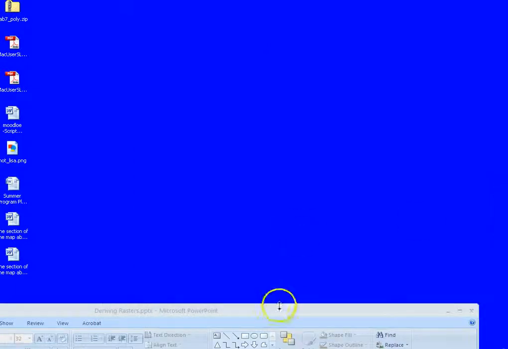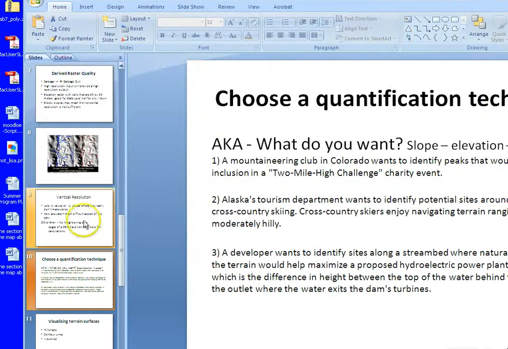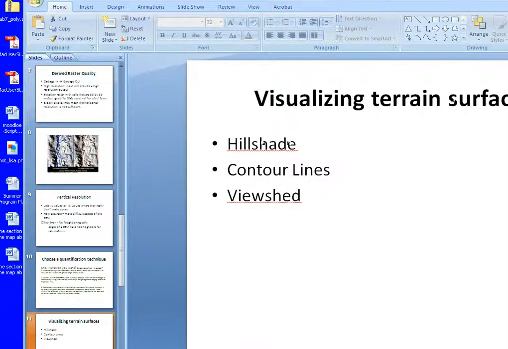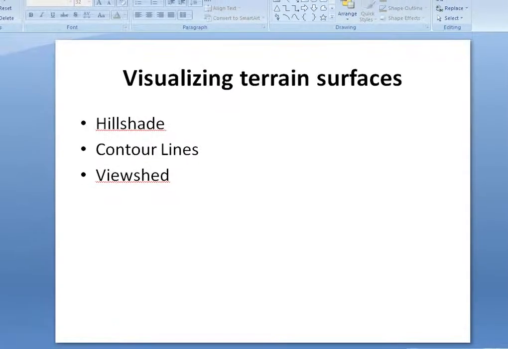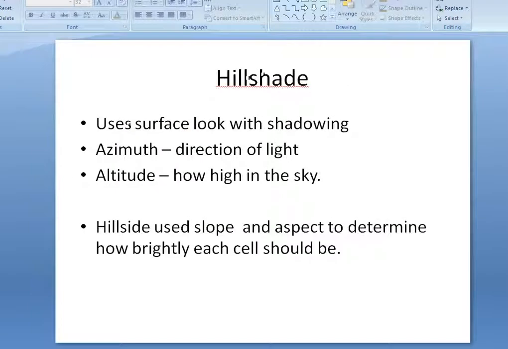Okay, so in the other parts of this lab, you're going to look at hillshades and contour lines and viewsheds. It's pretty easy to do that. I always keep the defaults. I don't understand enough about that to change it.